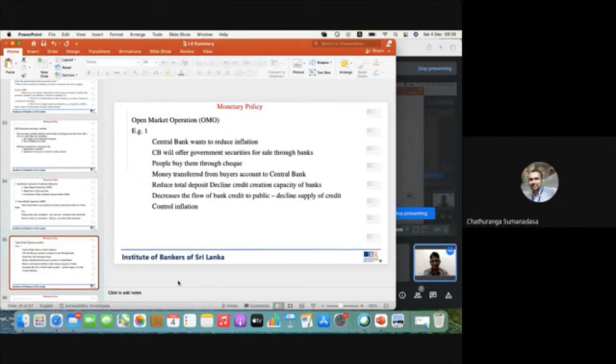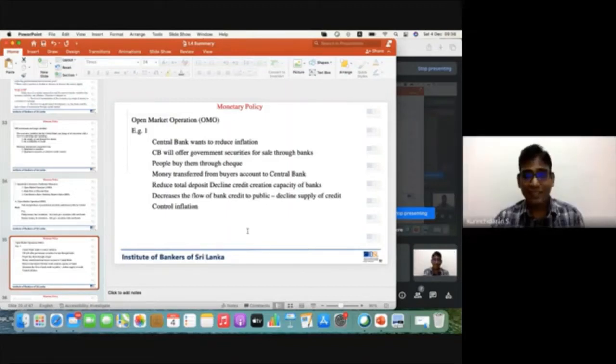We discussed that every specific day, like Monday or Tuesday, the government issues auctions of treasury bills, the money is taken from the primary dealers, and there is a secondary market. So is it the same way the central bank issues government securities through banks to reduce inflation? Definitely, it is the same way. The window is the same; there's no change in the window. The purpose is different. This is to reduce the inflation.